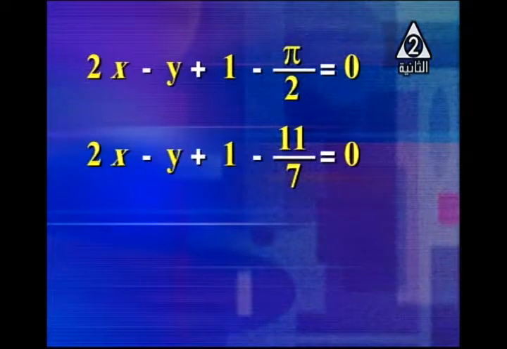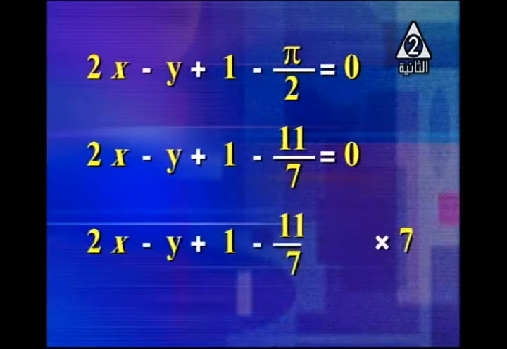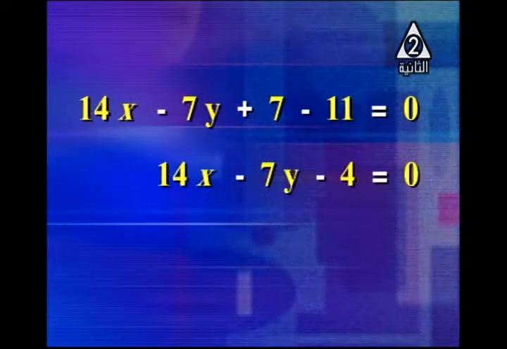By substituting pi equals 22 over 7, the equation becomes 2x minus y plus 1 minus 11 over 7 equals 0. Multiplying by 7, the answer is 14x minus 7y minus 4 equals 0.